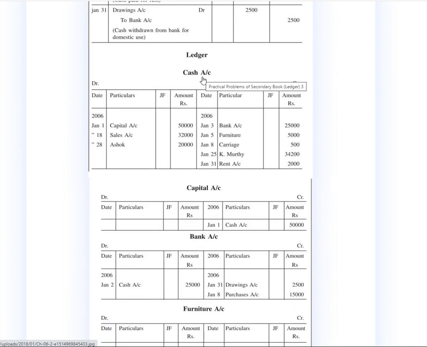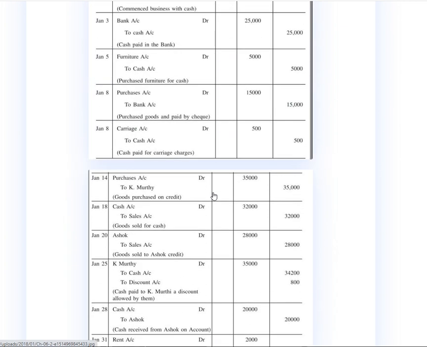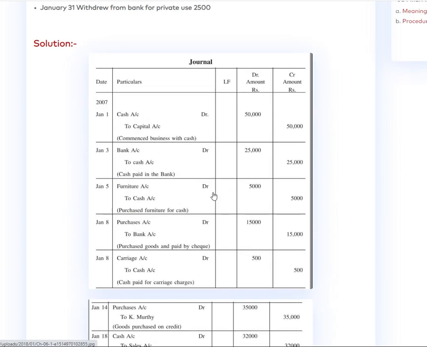Cash account is the title of this ledger. In this T account you put date, particulars, JF, amount, and again on the right side date, particulars, JF, amount. The left side is debit, the right side is credit. Similarly you prepare the capital account and distribute this entry; that is what we call double entry.